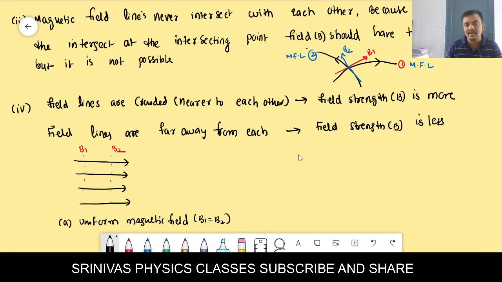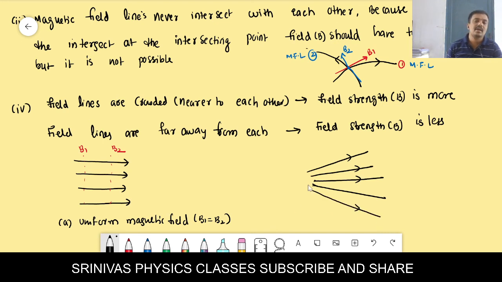But if the field lines are like this, look here very carefully. At this location the field lines are closer at the beginning, but here the separation is increased.